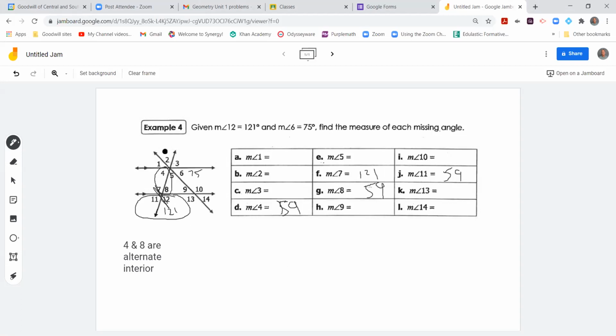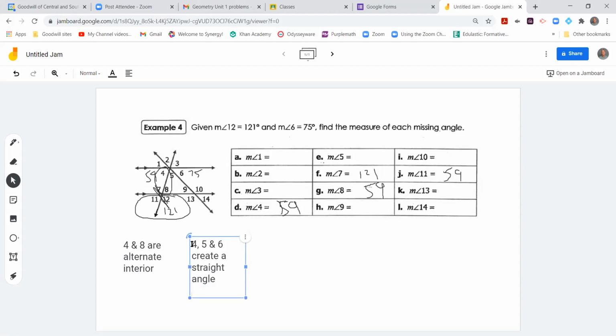So can I do anything else with 1, 2, 3, or 5 right now? How much is angle 5? Four, 5, and 6. It's a straight angle.